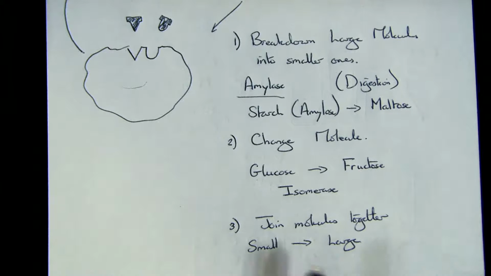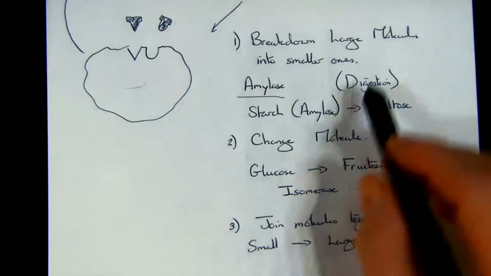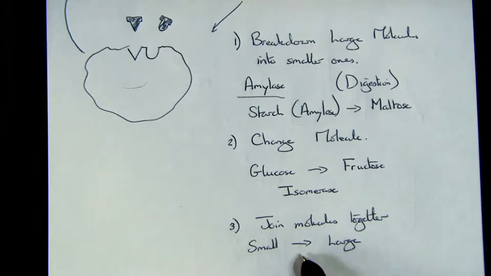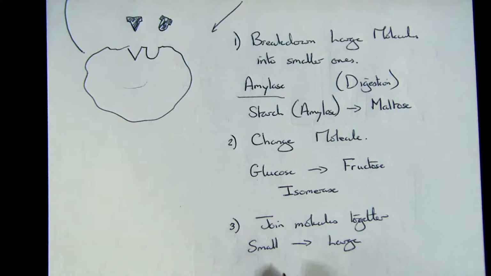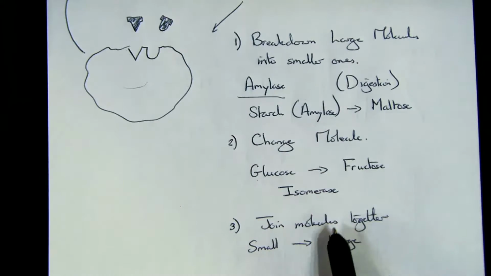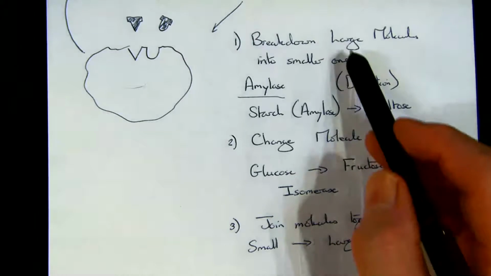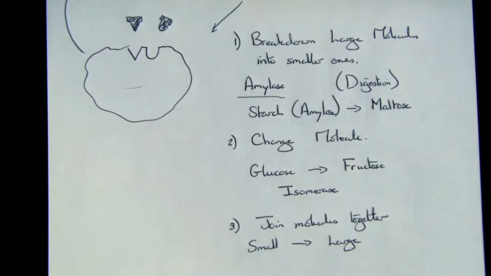And there are many processes in the body that do this. But you don't need to know any enzymes that do this. So we've got this idea of trying to have three functions of an enzyme.